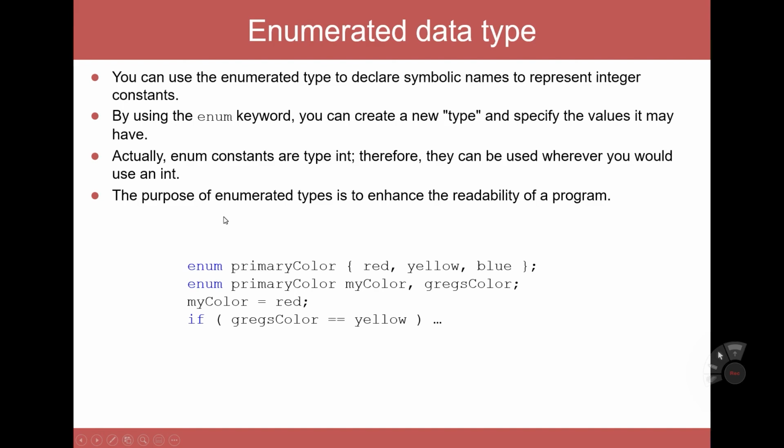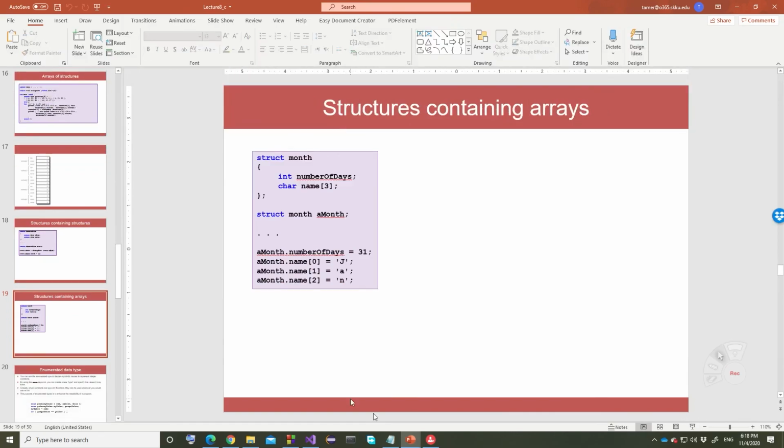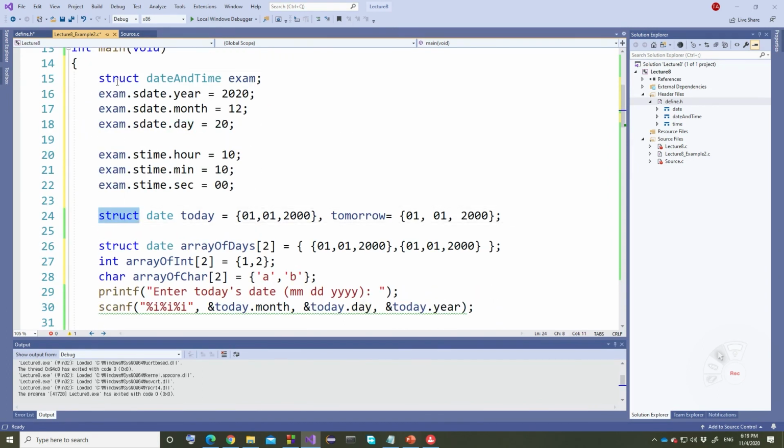Now, before I go to the next topic, just one thing I would like to mention here. Maybe you saw last time, every time I define a variable, I say struct, struct, struct. So every time I define a variable from the structure, I must use the word struct.